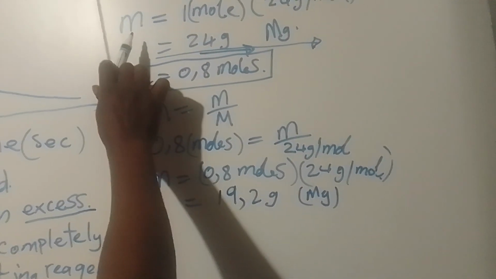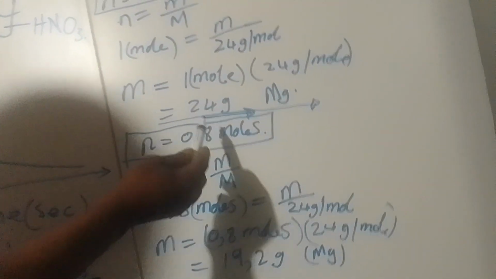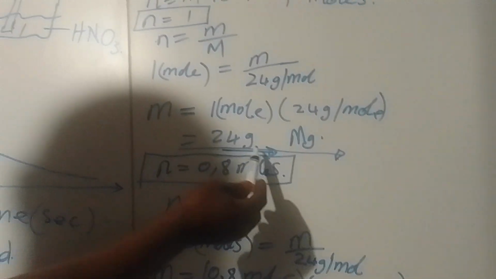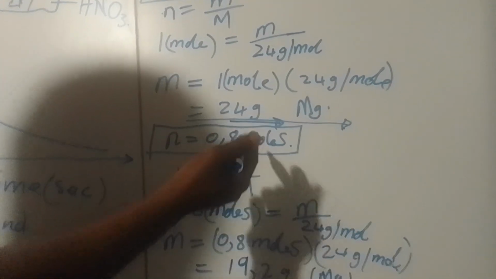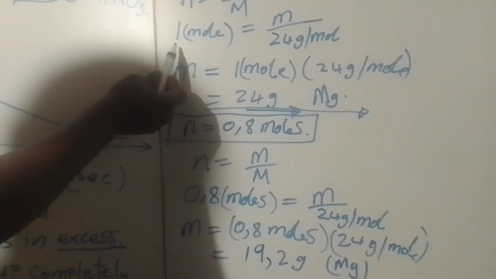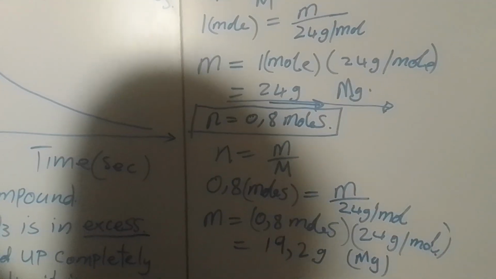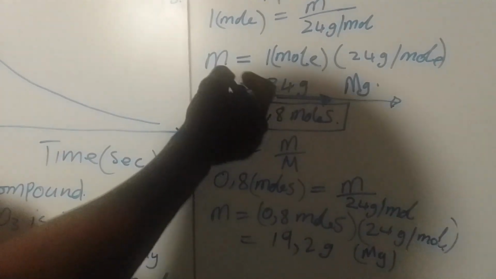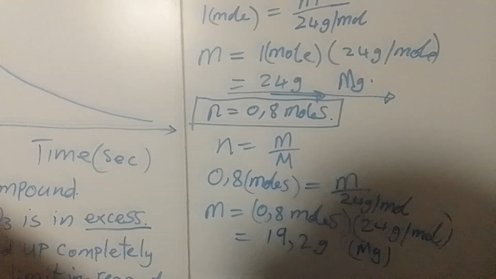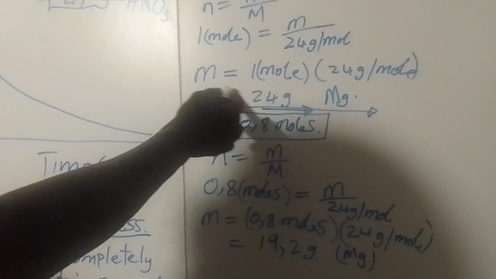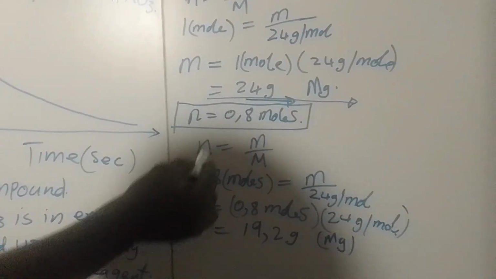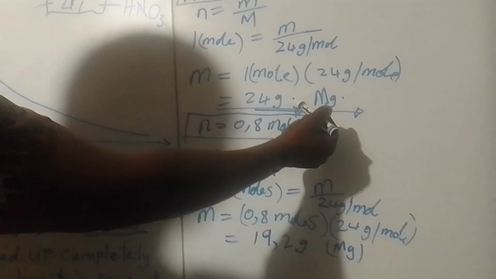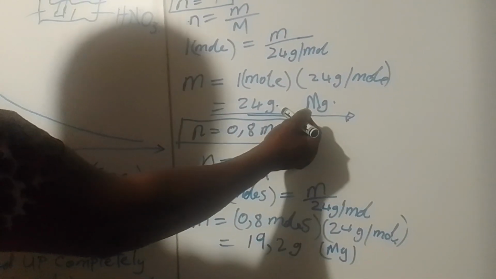See, we started at 24 grams of magnesium. We find it when it was at 0 seconds. Before it reacts, we have magnesium of 24 grams.